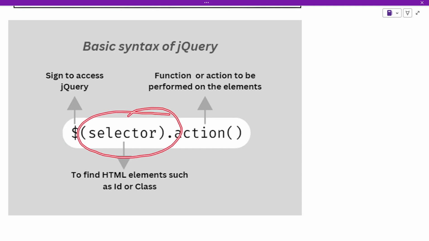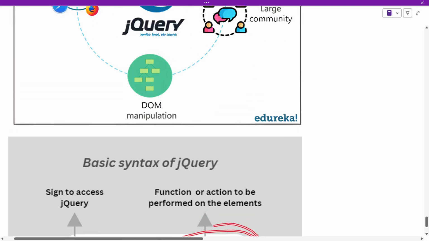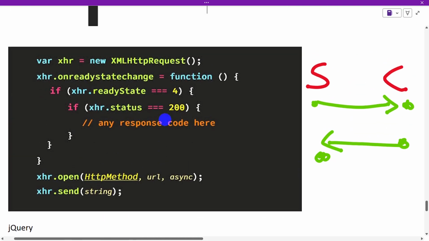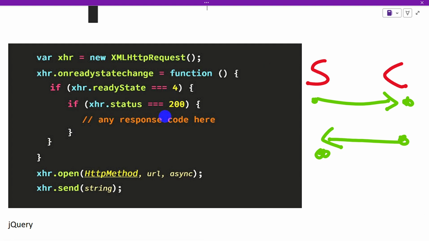The selector is going to find the HTML element on which we are trying to manipulate something, and then the action. This is going to simulate what is achieved here, what the asynchronous frameworks give.